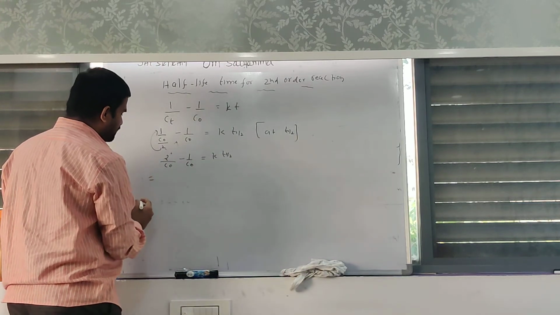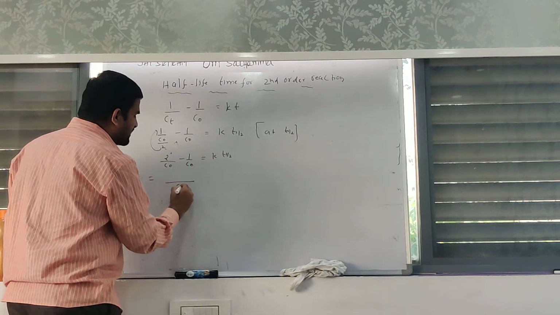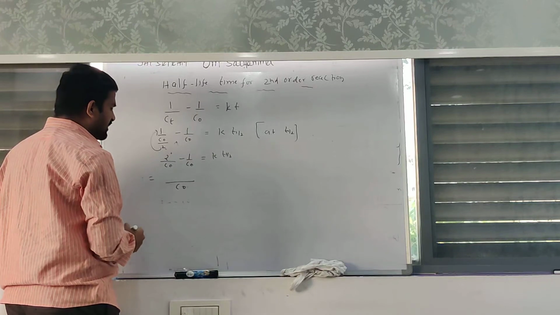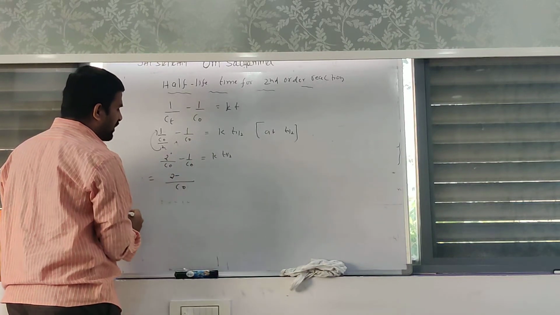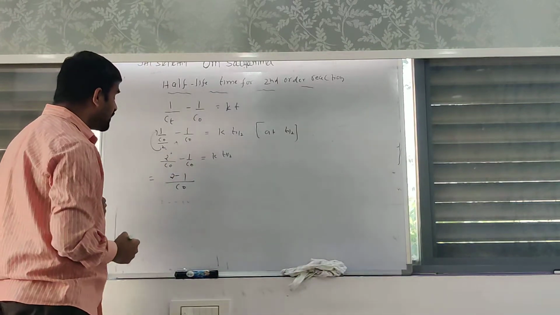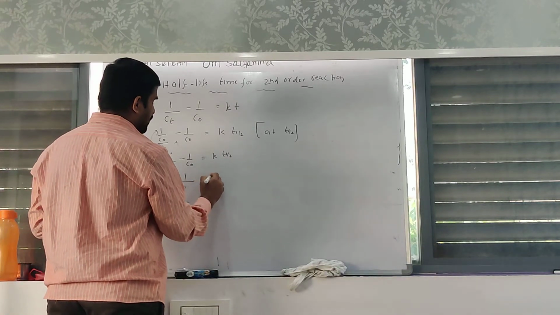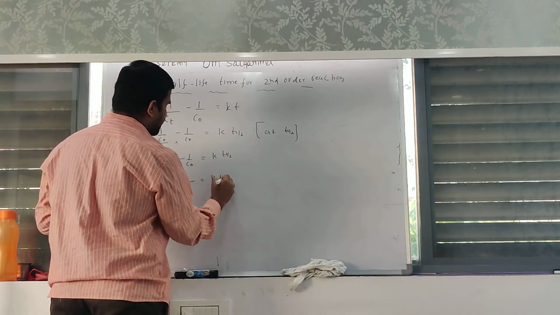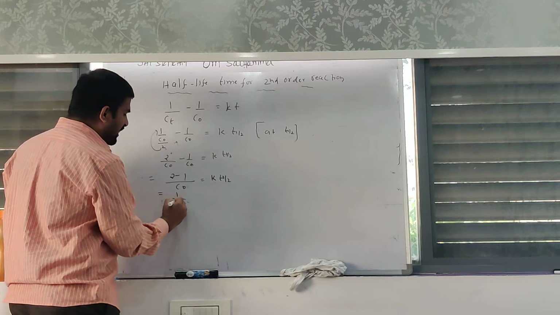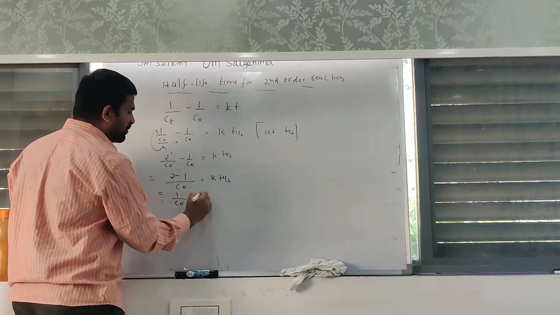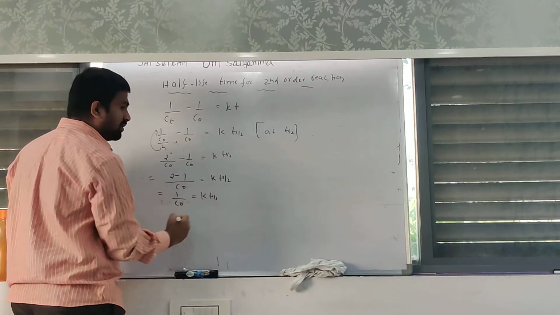Take the LCM: 2 minus 1 by C0 is equal to k t half, so 1 by C0 is equal to k t half.